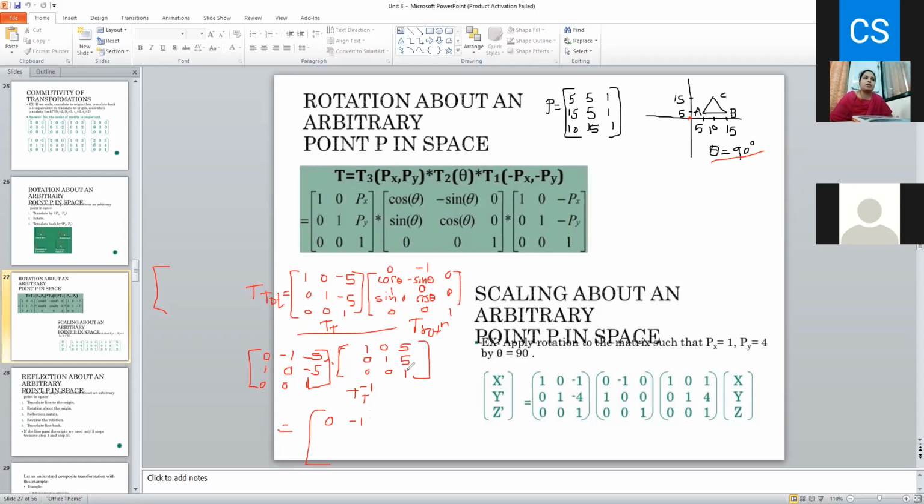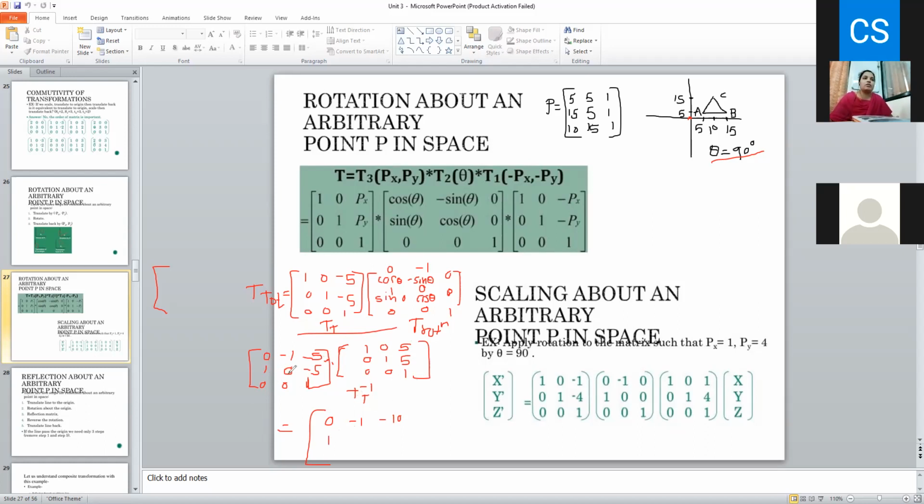Then this row and third column, that is 0, minus 5, minus 5, that is minus 10. Then this one into 1, only 1 here, remaining all things 0.